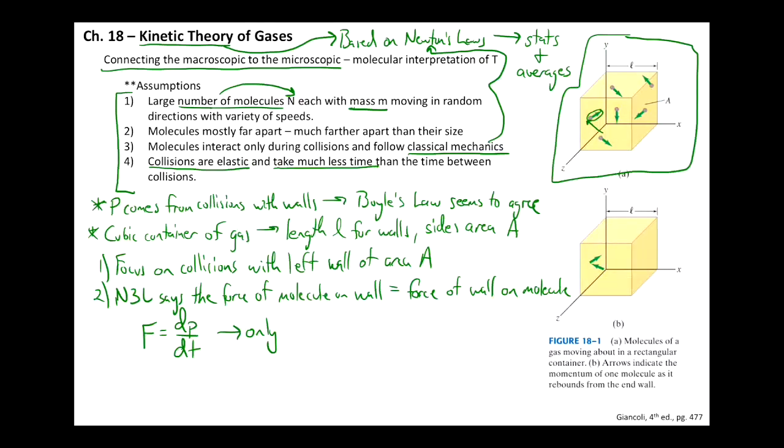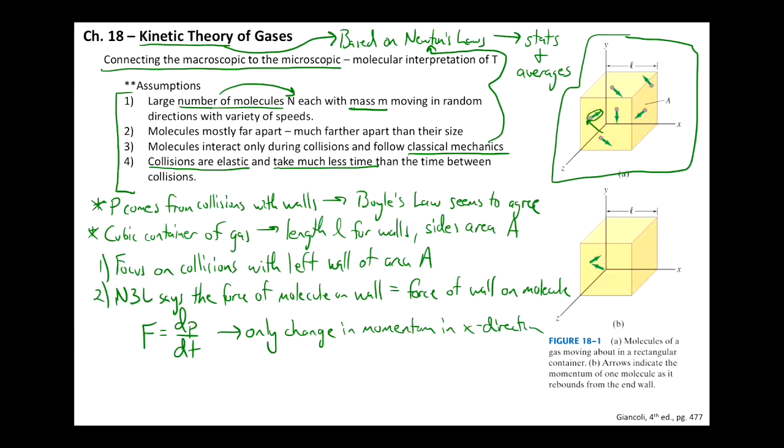Because of the nature of the force, which points straight to the right, its momentum only changes horizontally. That force can't impact its momentum up and down in the y direction or out towards you in the z direction. So we're only going to have a change in momentum in the x direction.